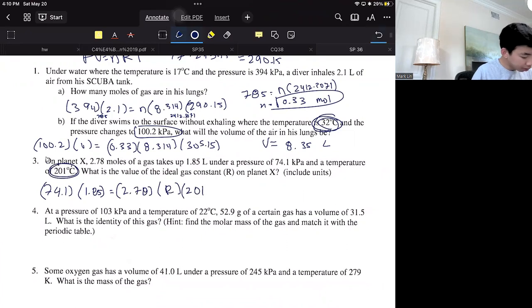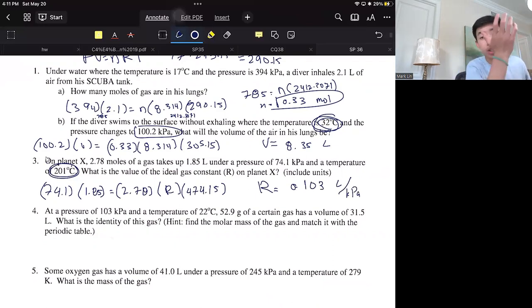It's actually going to be 474.15 because it's Kelvin. You plug and chug, it's going to be 0.103 liters over kilopascals. Right, the units for the R constant are going to be liters over kilopascals.